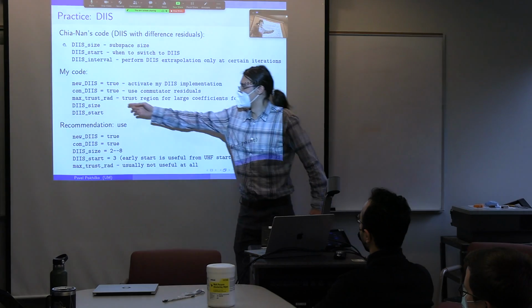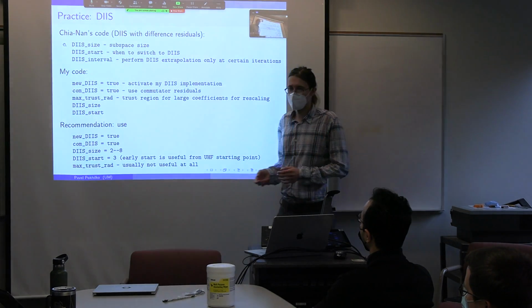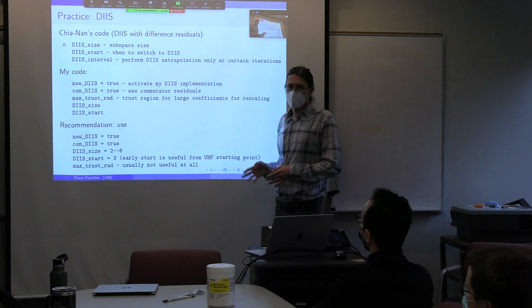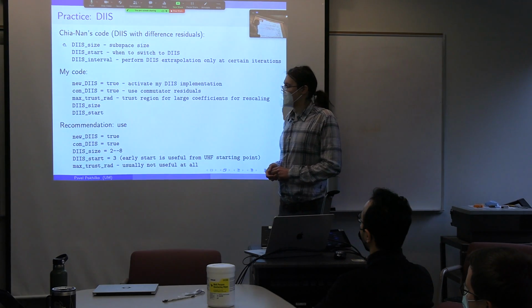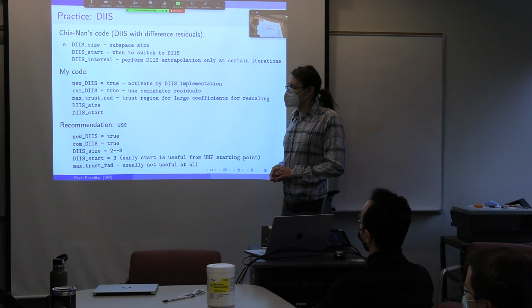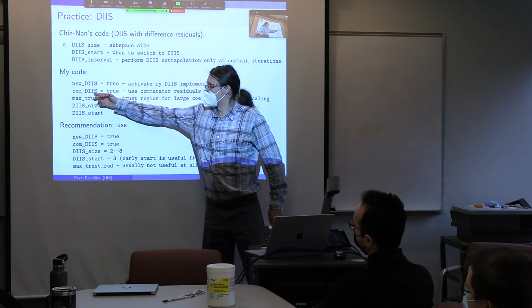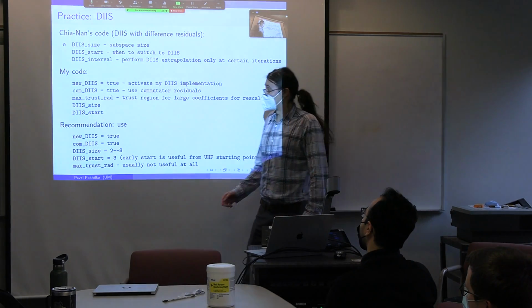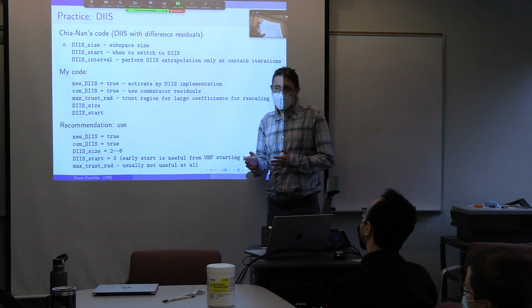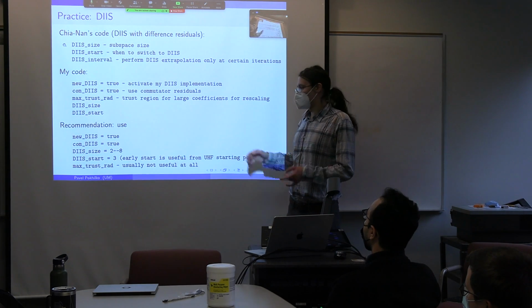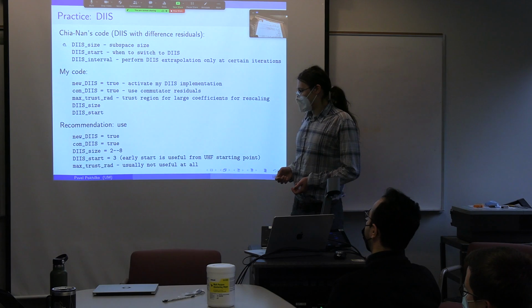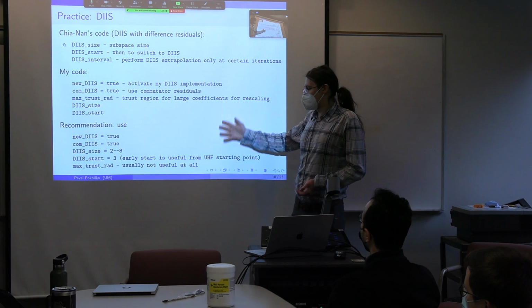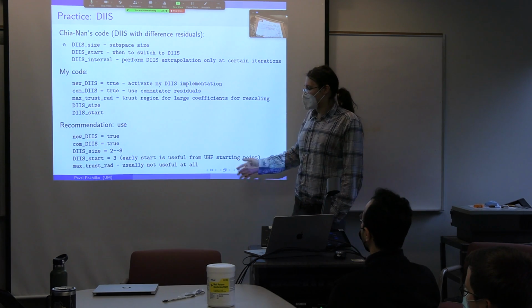But basically, this parameter is set by default to some big number, so it probably doesn't matter in practical calculations. So far, if you use the commutator formulation, then the coefficients are fairly small, and this is not needed at all.